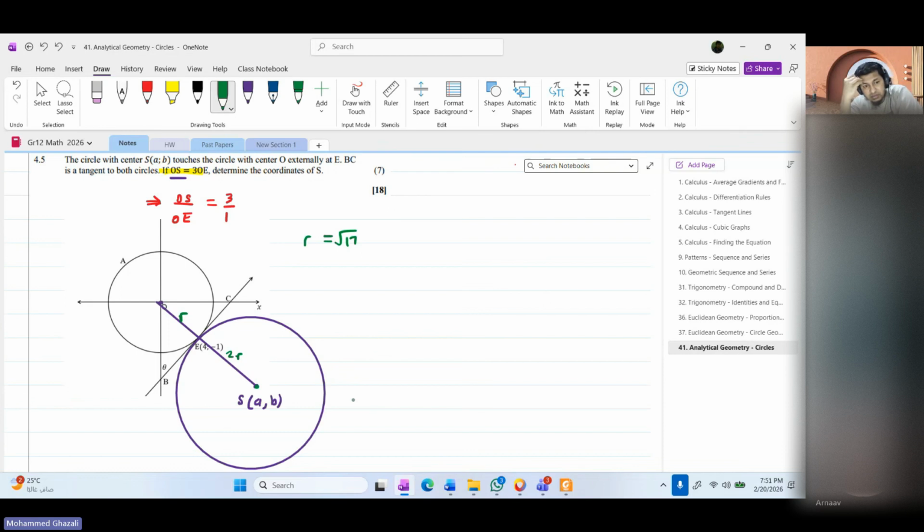Equation of the circles. What's the best way of solving this? R is equal to the square root of 17. Determine the coordinate of S. Should we use angle theta here? Why did they give us angle theta?